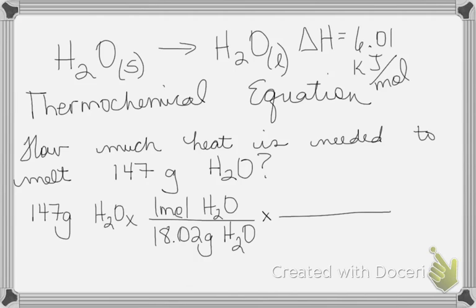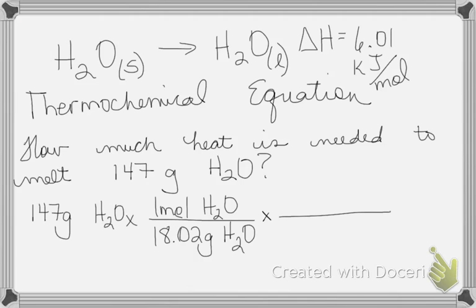Our balanced thermochemical equation gives us a way to relate the amount of heat required or produced, depending on whether it's positive or negative, to the moles of a certain component of a reaction. And so for this one, as we were discussing earlier, 1 mole of water needs 6.01 kilojoules of heat.